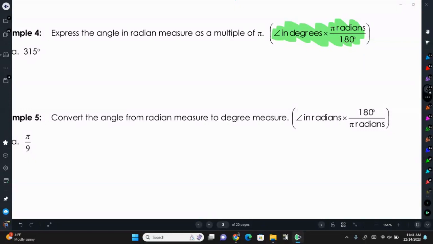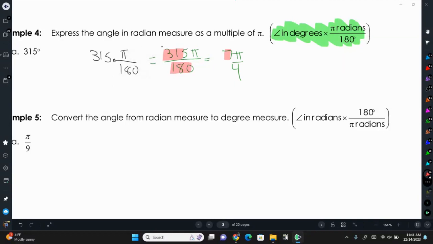So we would do 315 times pi over 180. So this would equal 315 pi over 180, which would then simplify to 7 pi over 4 once we reduce that fraction.